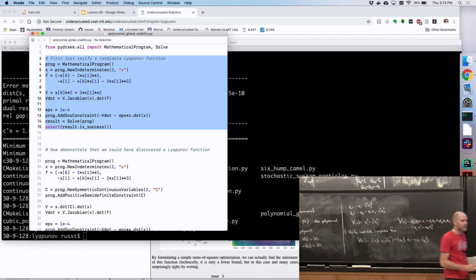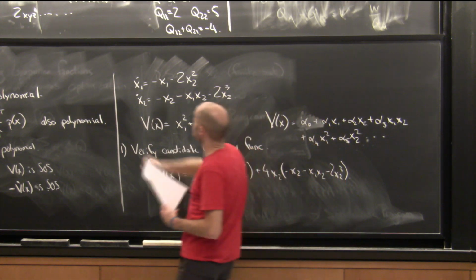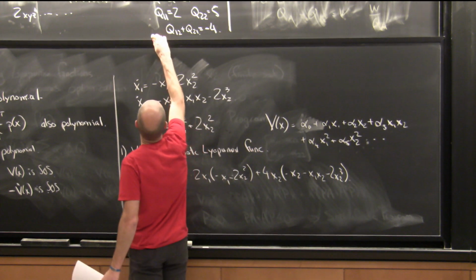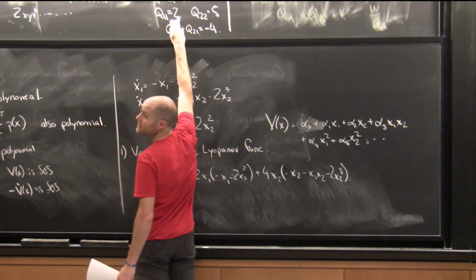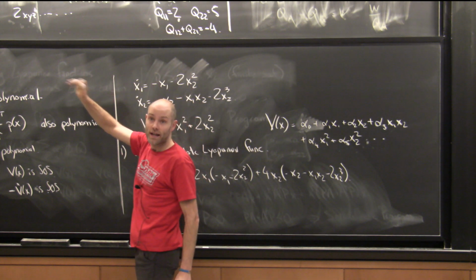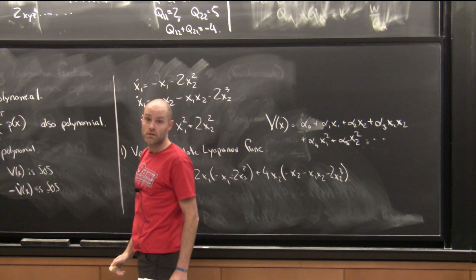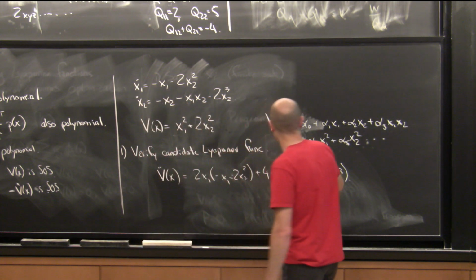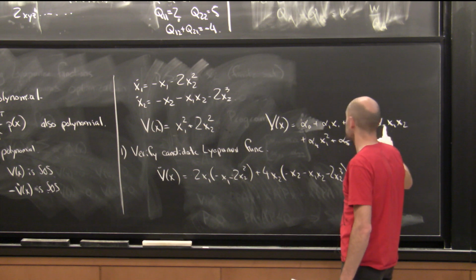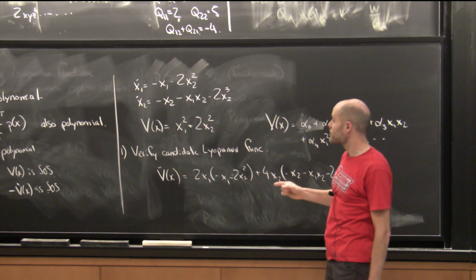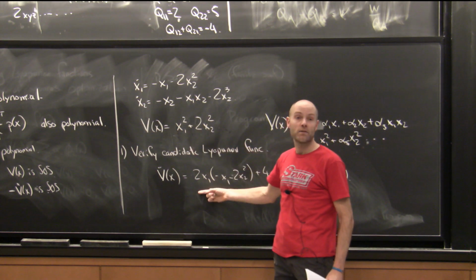Now, the amazing thing here is I can actually optimize in my sums of squares optimization over these parameters alpha, because it adds the decision variables q. It adds linear constraints, but if those coefficients are free variables, that just turns into an alpha here. That's still a convex constraint. I can use these as decision variables and optimize subject to the constraint that v of x has to be greater than 0, v dot has to be less than 0.